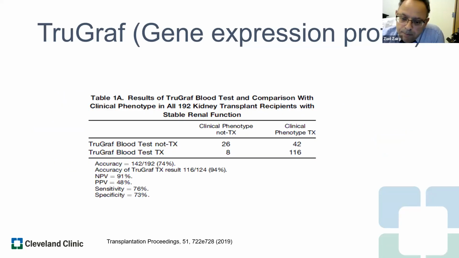So based on their studies, based on the validation of TrueGraph, it has a negative predictive value of 91%, with specificity and sensitivity maybe not the greatest, around 70%. So the gene expression profile by itself maybe should be used as a complement to the donor-derived cell-free DNA.